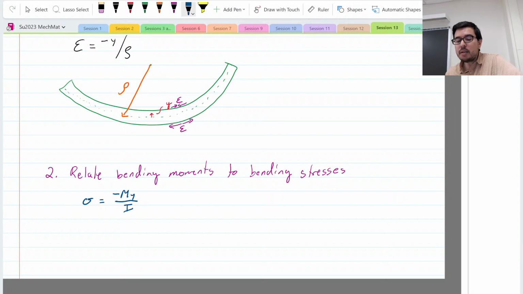Y, again, is the distance from the neutral axis, and I is what we call, and we kind of hinted at it actually the last time we talked about J being the polar moment of inertia, I is what we call the second moment of area.